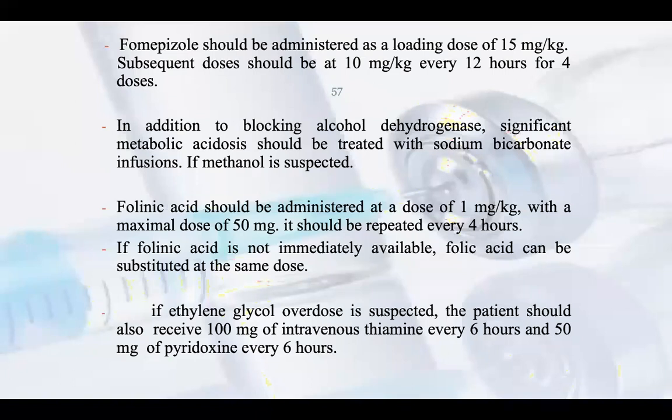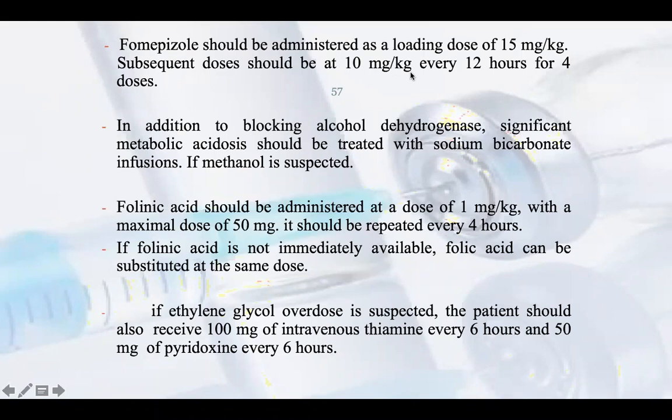In addition to blocking alcohol dehydrogenase, significant metabolic acidosis should be treated with sodium bicarbonate infusion if methanol is suspected. Folinic acid should be administered at a dose of 1 milligram per kg with a maximal dose of 50 milligram.